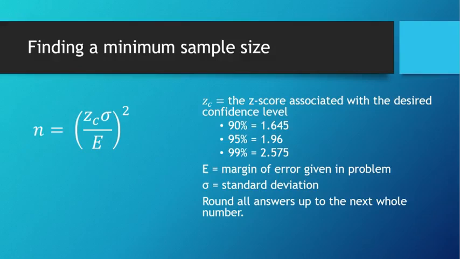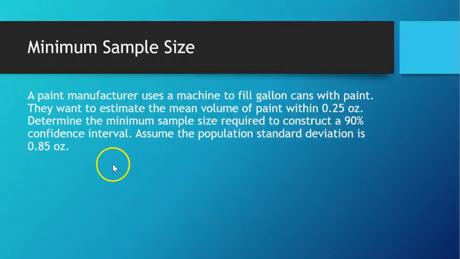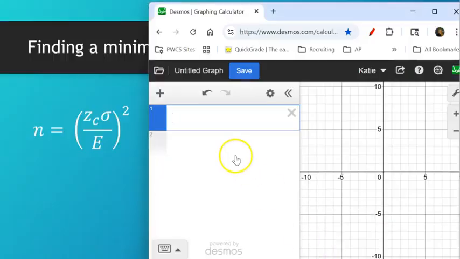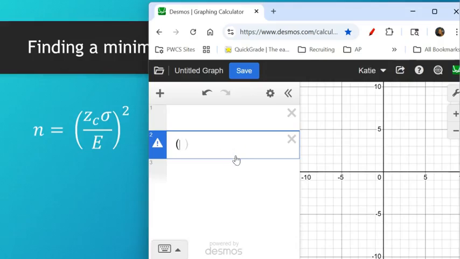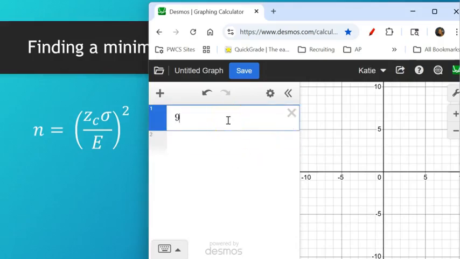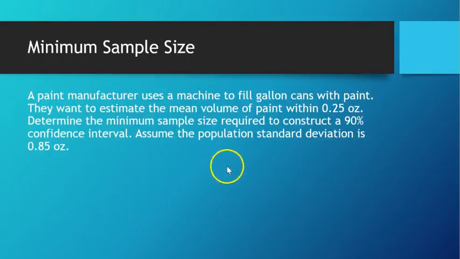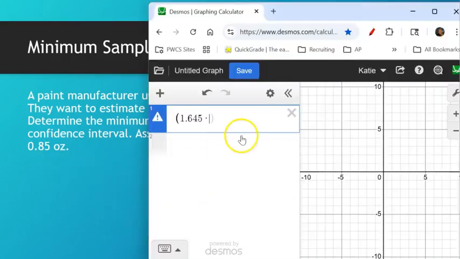So if I'm going to do this question, all right, so we want a 90% confidence interval. So the number that goes with 90%, the ZC, is 1.645. All right, so I'm just going to use Desmos. 1.645. All right, times standard deviation. So the standard deviation in my paint problem was 0.85.